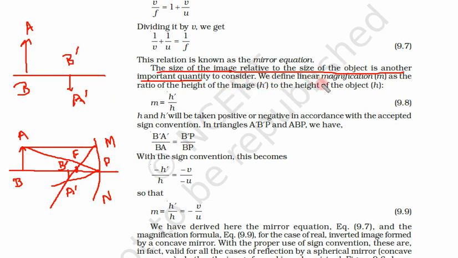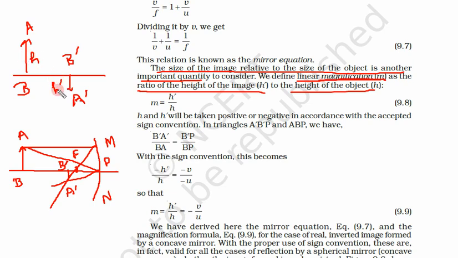So what is the quantity that defines the image size? We define a quantity, and we call it linear magnification. And what is linear magnification? It is the ratio of the height of the image to the height of the object. Suppose the height of the object is h and the height of the image is h dash.